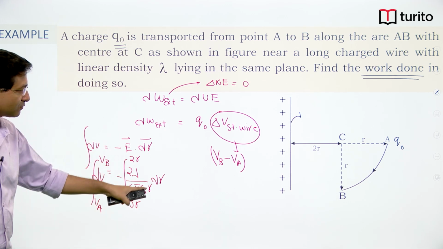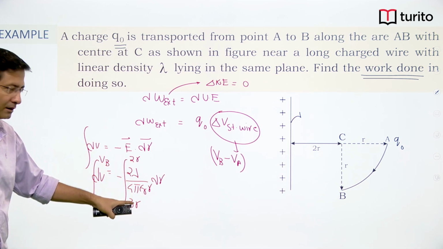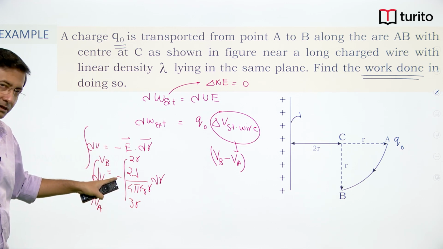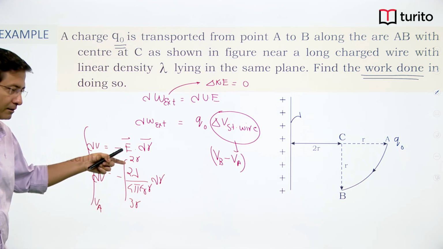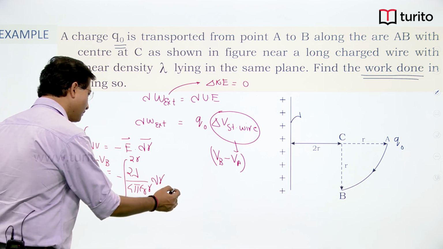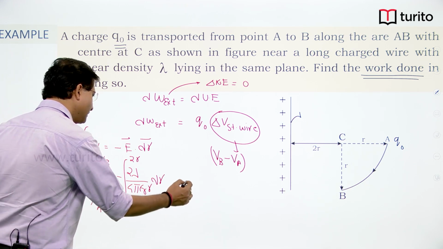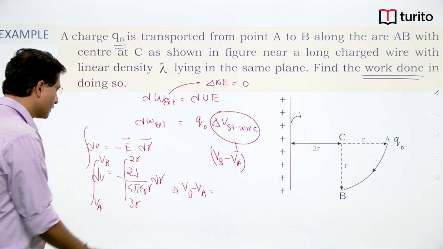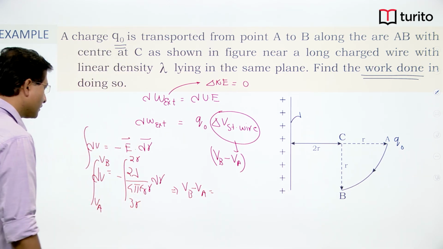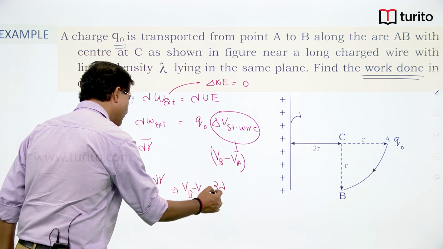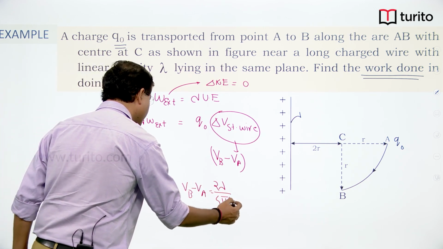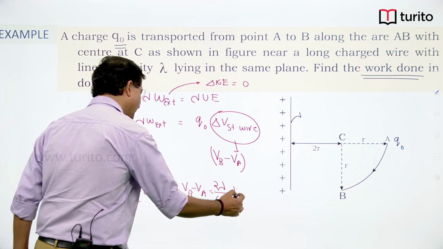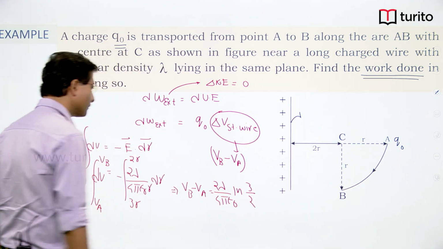When you integrate this one, you will get log of upper limit minus lower limit with a minus sign. So, lower minus upper it will become. If I just simplify, what I can see is VA minus VB is coming 2 lambda upon 4 pi epsilon naught ln 3 by 2.